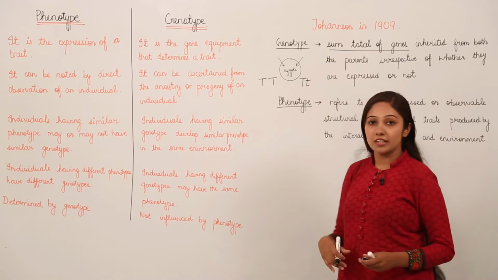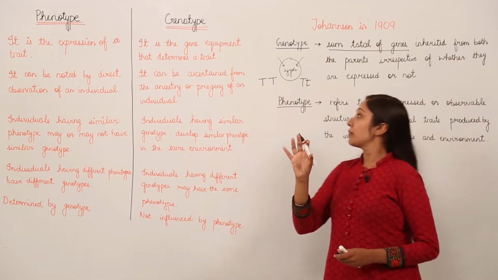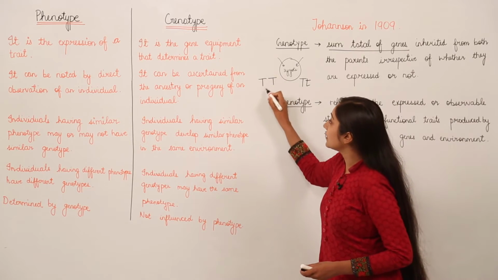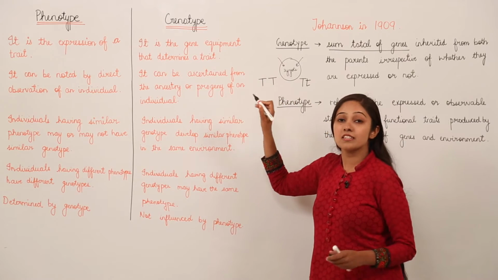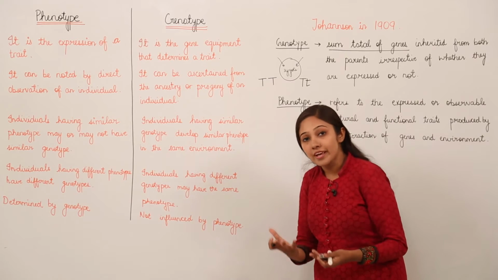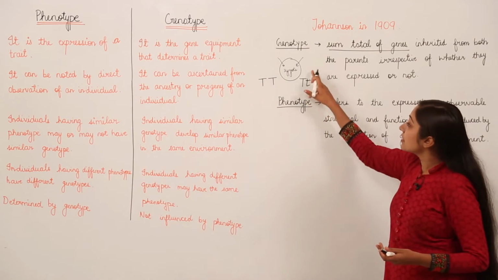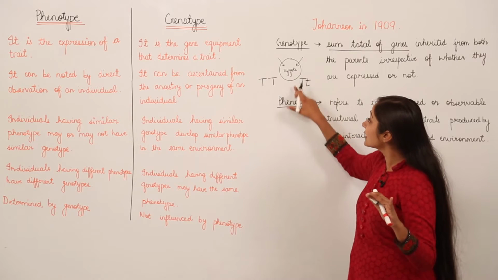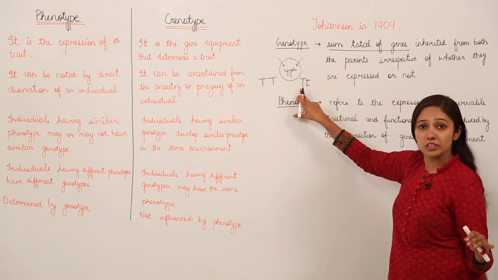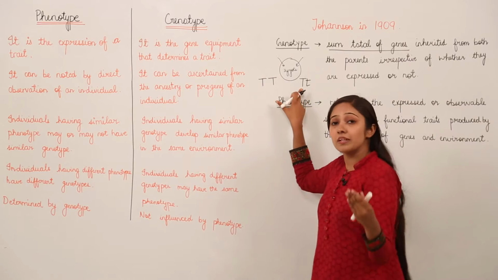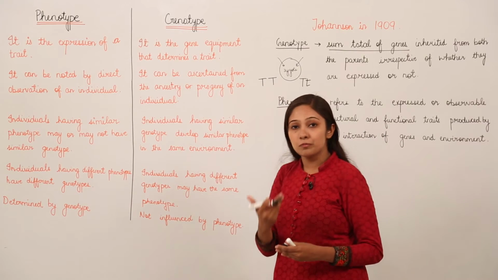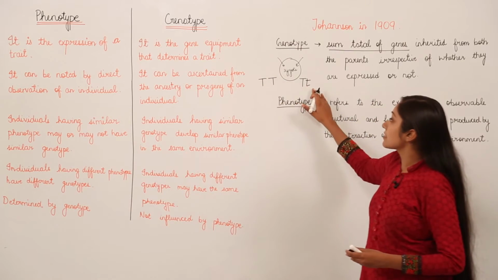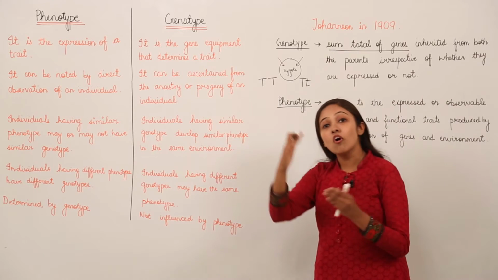What is going to happen? You must remember that if the dominant allele, the dominant gene, is present, it is going to be expressed. If a recessive gene is present, it is not going to be expressed. Why? Because in this case also we have at least one dominant gene, and when one dominant gene is present, the recessive will not be expressed. So in both the cases we will have a tall pea plant.